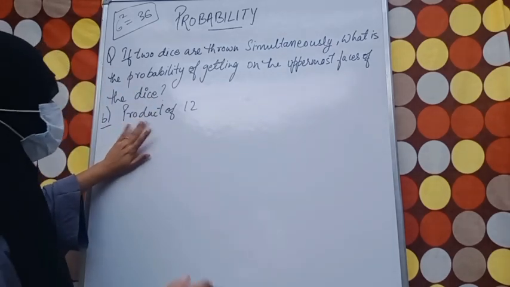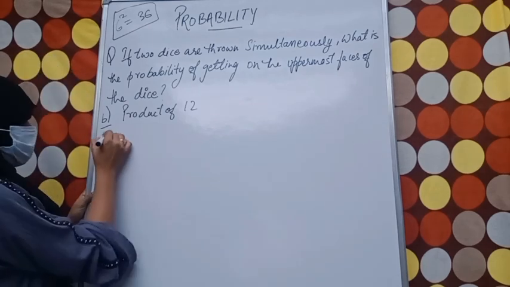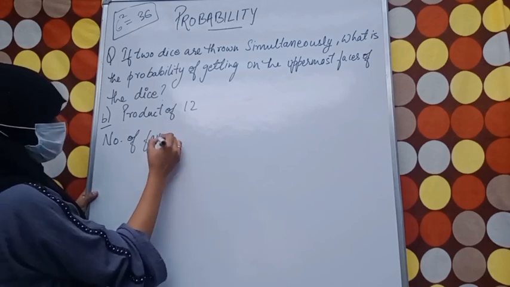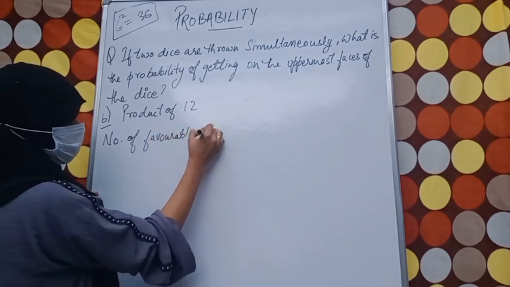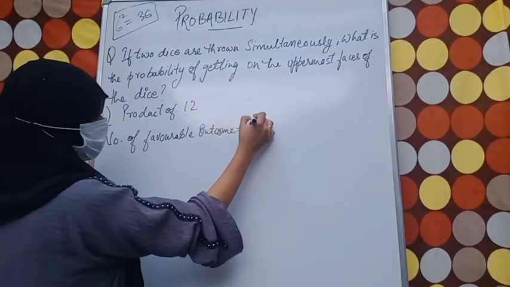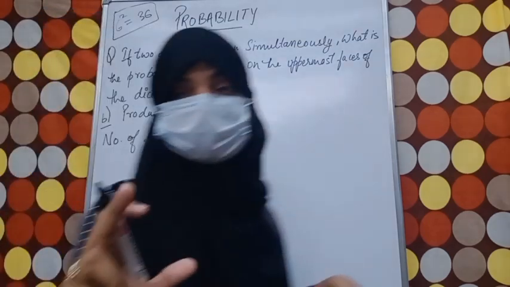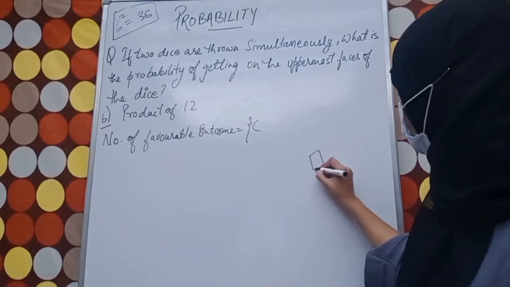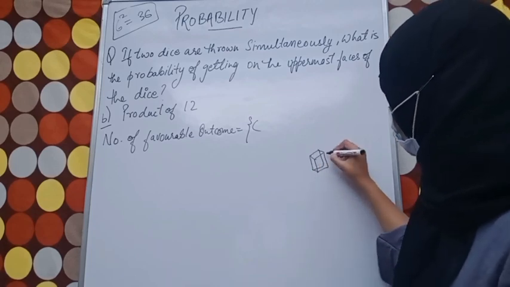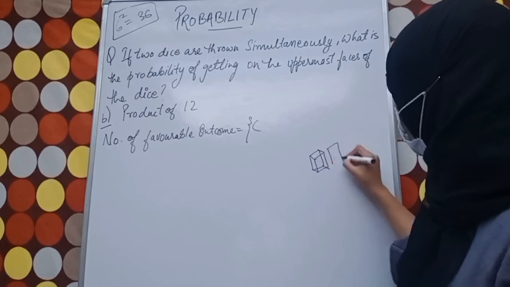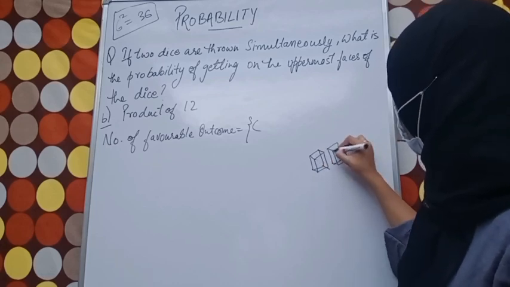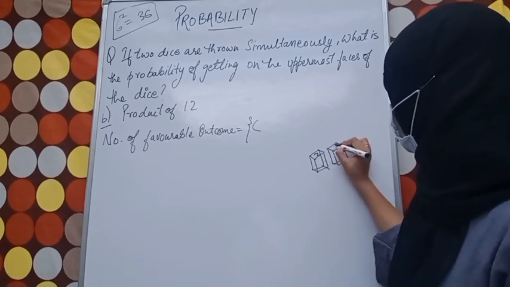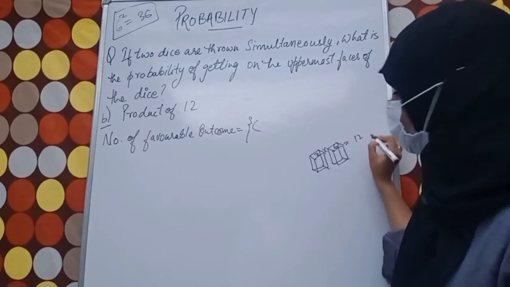Product of 12. So the number of favorable outcomes equals product of 12, which means both dice on the uppermost. Suppose this is the dice. Whatever the number is on the uppermost, when you multiply these two numbers, suppose this is 2 and this is 6, it will give 12.